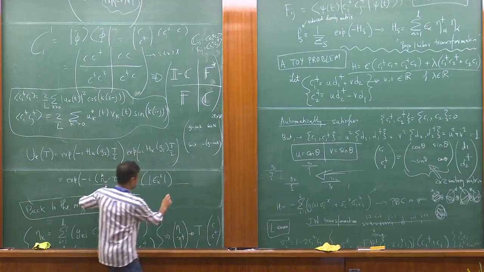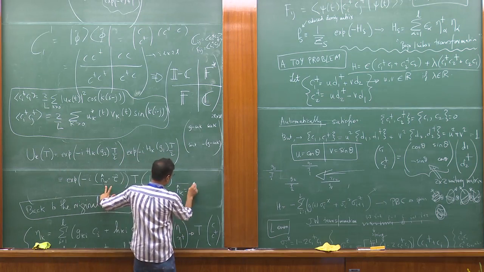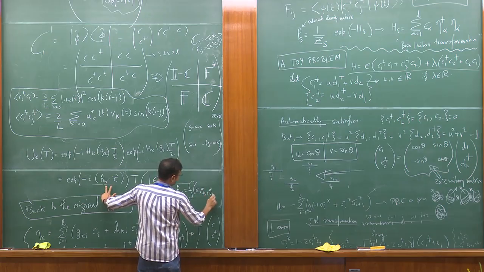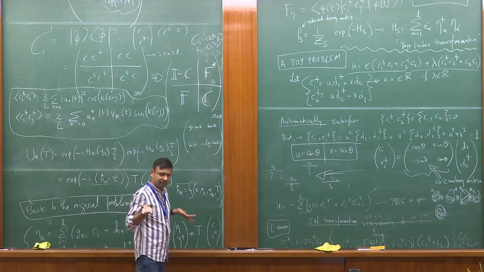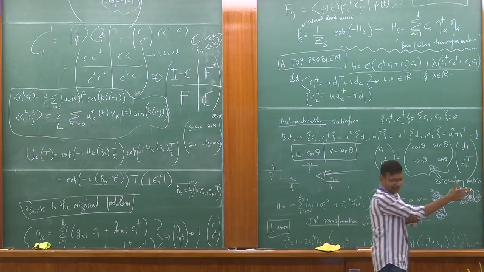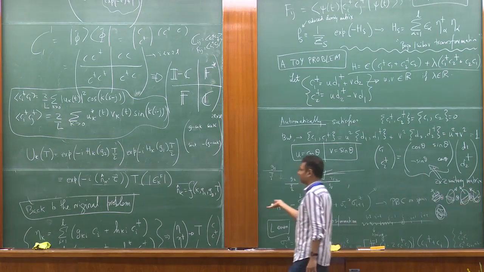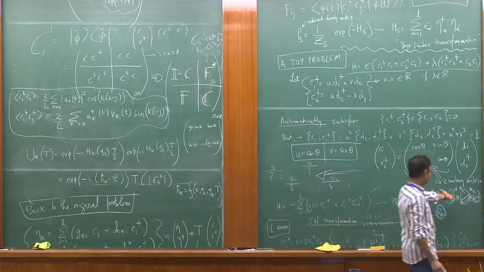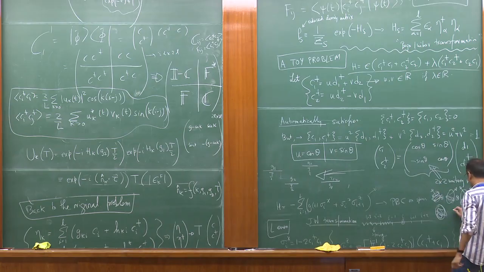So this nk is some complicated function of k, g1, g2, and T. But whatever it is, it's something unique at that k. And then if you're looking at it stroboscopically, it's exactly the same story here. It's exactly the same story here. By the way, this thing is called the generalized Gibbs ensemble.